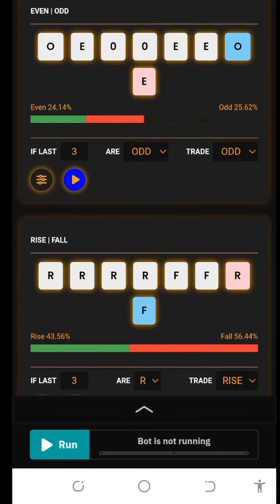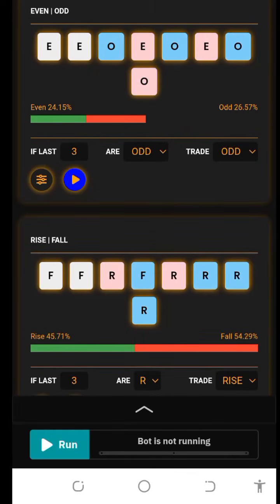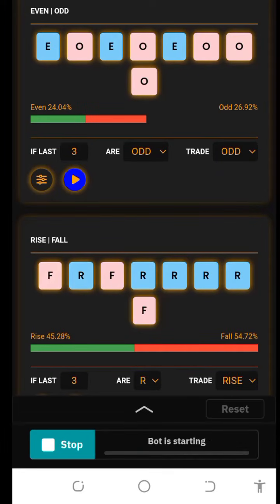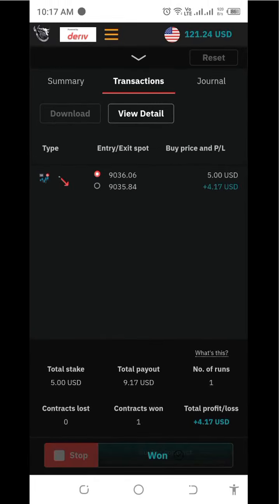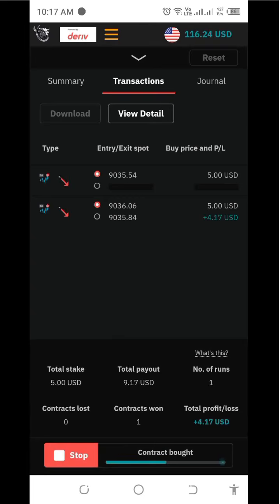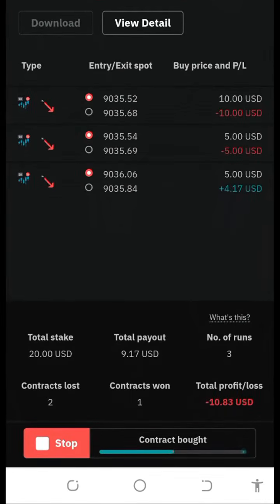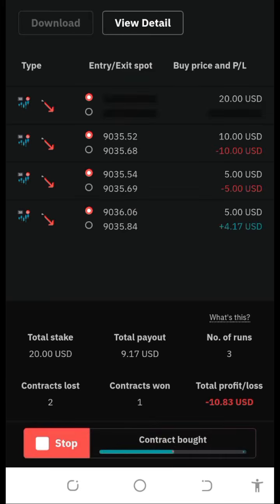Okay, it looks like it has, okay, yeah, 54, 50, it's not bad for fall. So let us enter the market and see how we do on this one. Okay, there we are. The bot is running. You can see we've already built our capital to over $100 now.